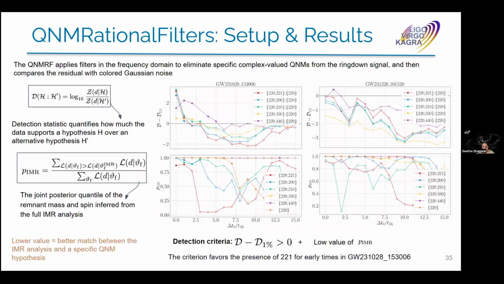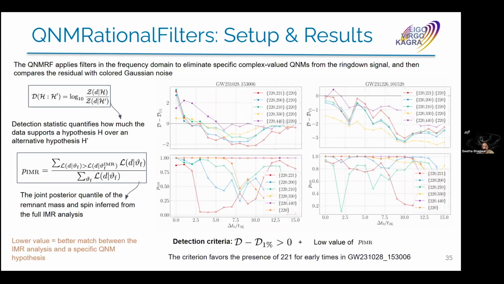Yeah. The third and the last test that we have is the QNM rational filter. This setup applies a frequency domain filter that eliminates specific complex QNMs from the ringdown signal, and then compares the leftover residue to colored Gaussian noise.